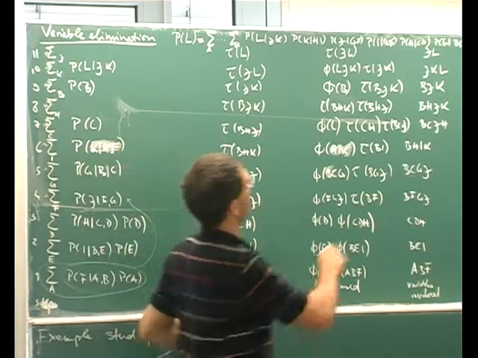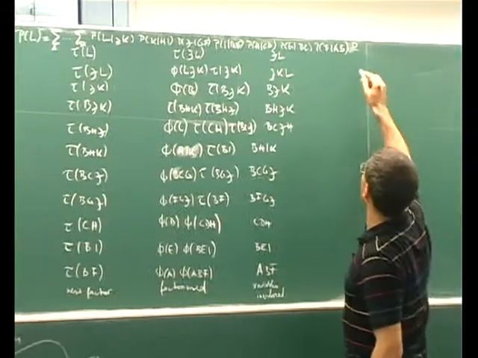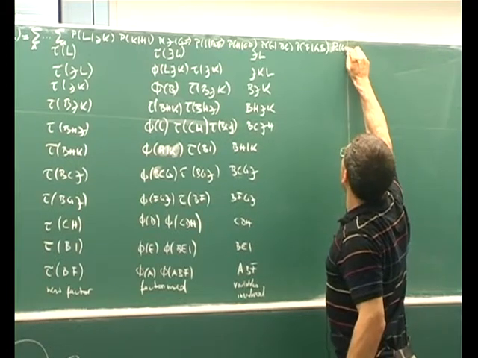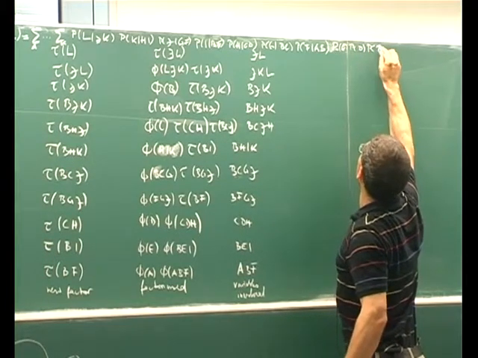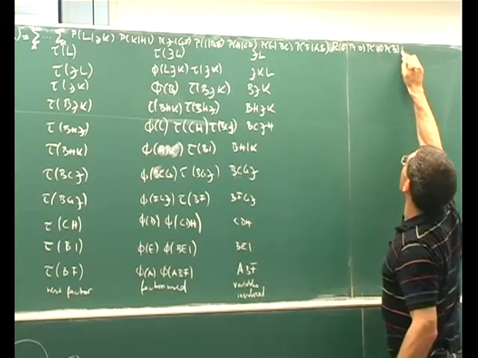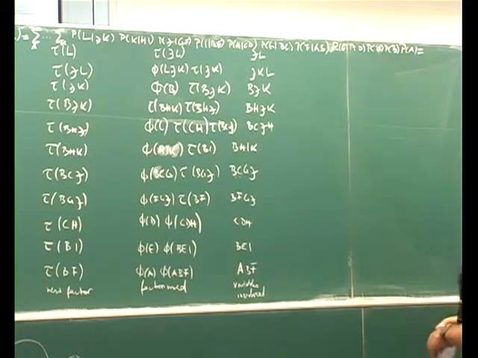Oh, and I've forgotten here the prior probabilities, P of E, P of D. Okay.